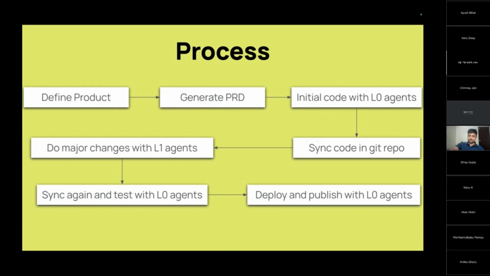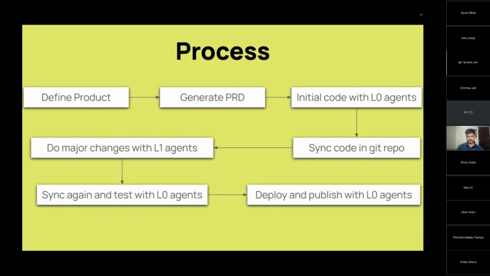Then you do the initial code with L0 agents. L0 agents and L1 agents are just terms that I have used here; they're not defined terms, and I'll tell you what they are. So you do the initial code with an L0 agent using prompting, then sync this code to your GitHub repo. GitHub is nothing but a version management system. If you are building a product, you have different versions of it which you deploy.